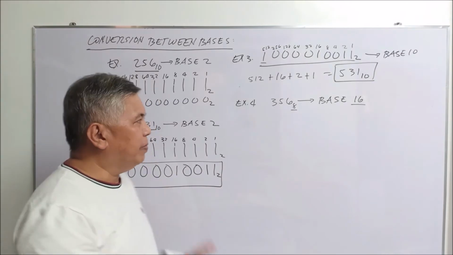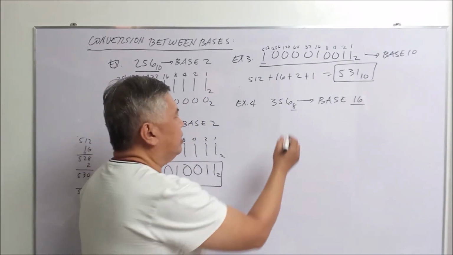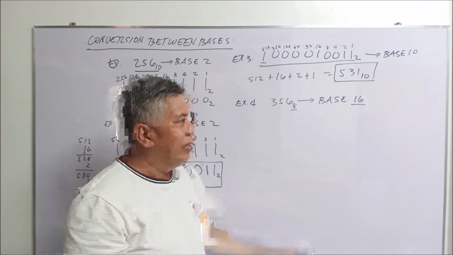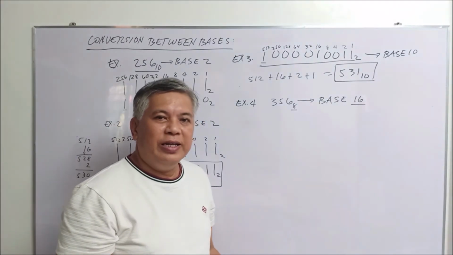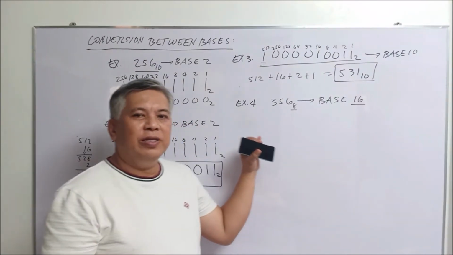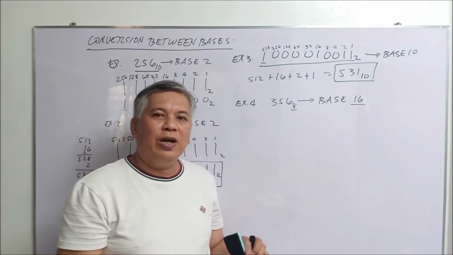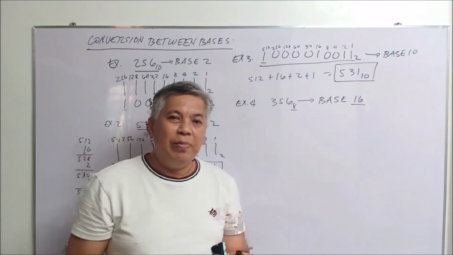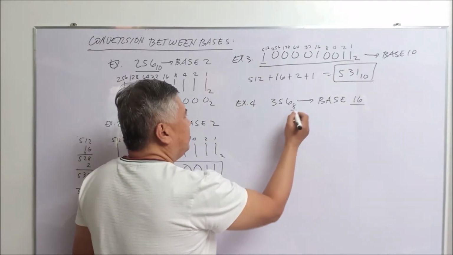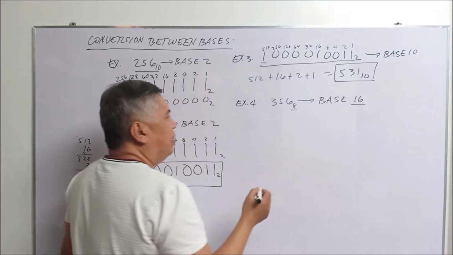So the first step again is to convert the given number, which is in this case 356 of an octal number, into the binary number system. Again, binary number system in this short method conversion is used as our reference number system. Okay, so 356 of base 8. How do we convert this to base 2?